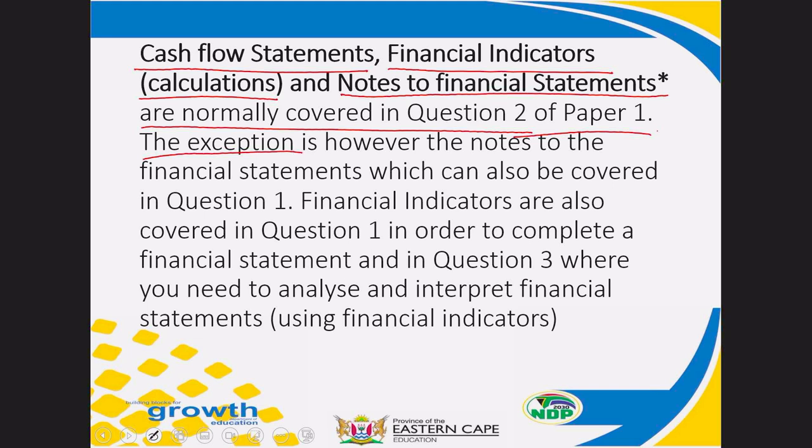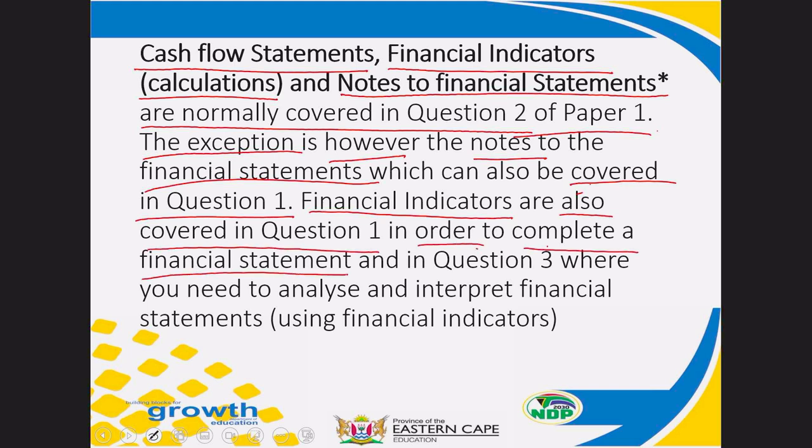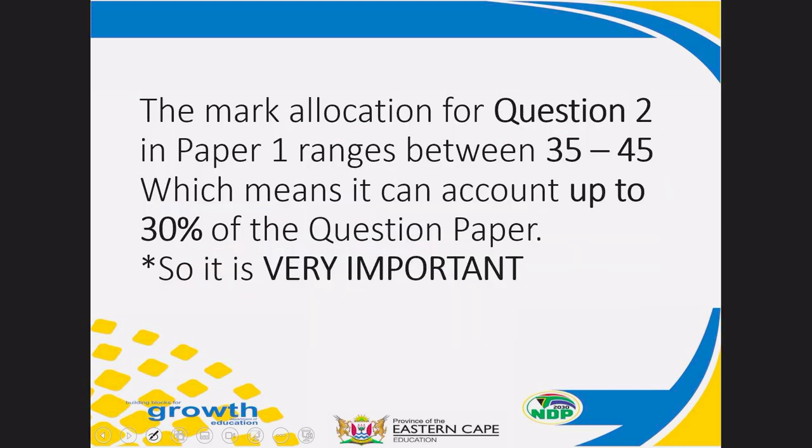The exception, however, is the notes to the financial statements, which can also be covered in question 1. As I said, financial indicators are also covered in question 1 in order to complete a financial statement. And in question 3, they will ask you then the analysis and interpretation of financial statements using financial indicators.